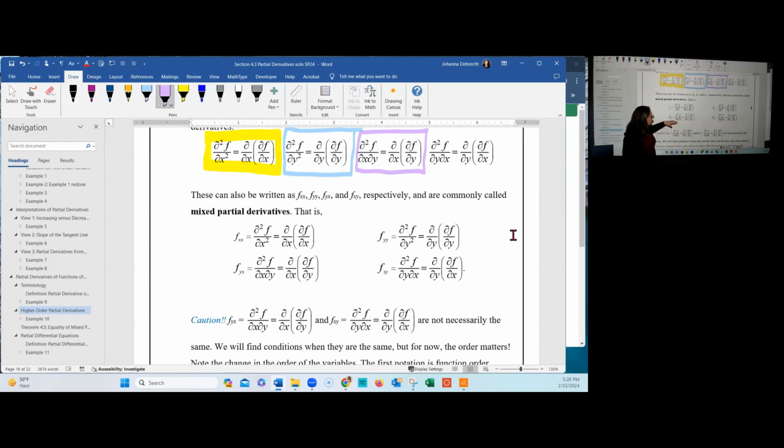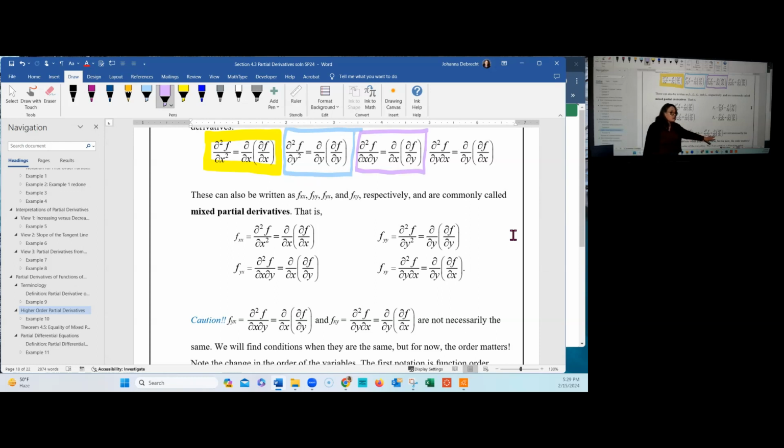So the one on the second row, f sub yx, represents the partial with respect to y first, then the partial with respect to x. You can see it written in Leibniz's notation next to it. The partial with respect to x and then with respect to y is written in this format as f sub xy. Again, in the subscript notation, we do it in the order that it's written. In Leibniz's notation, we do it in right to left order.